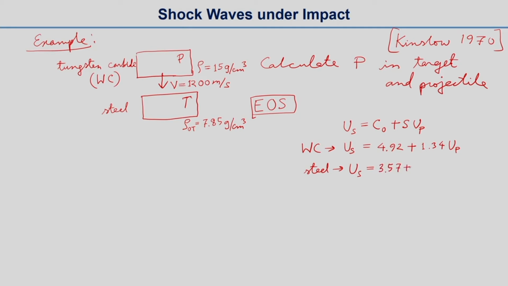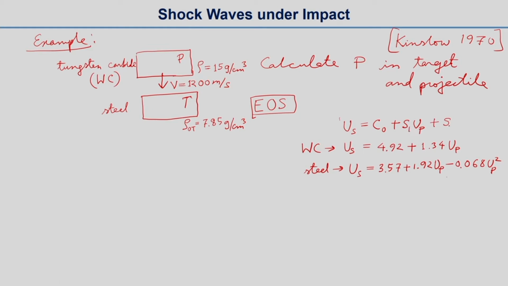Then for steel the equation of state is 3.57 plus 1.92 UP minus 0.068 UP square. You may be concerned about this last term. As you know, the equation of state is actually only a linear relationship, but we can extend it, you may have more terms here.